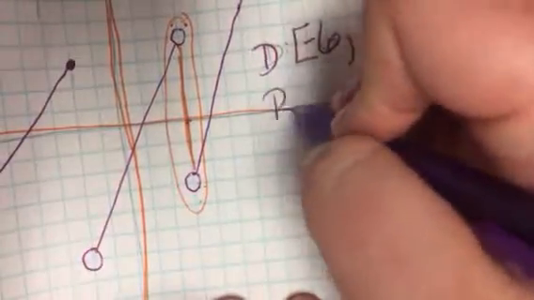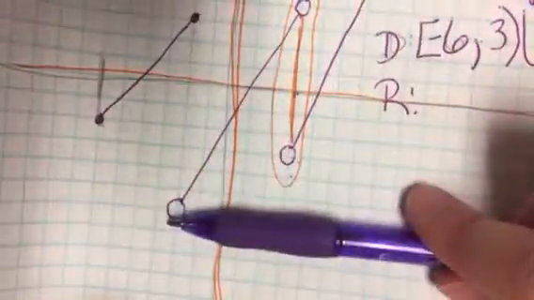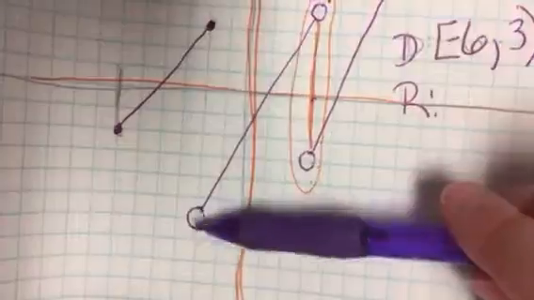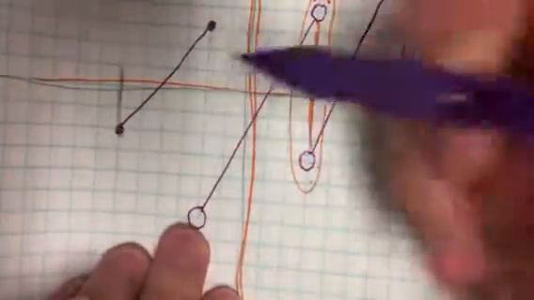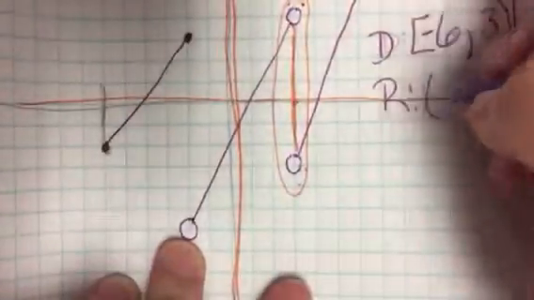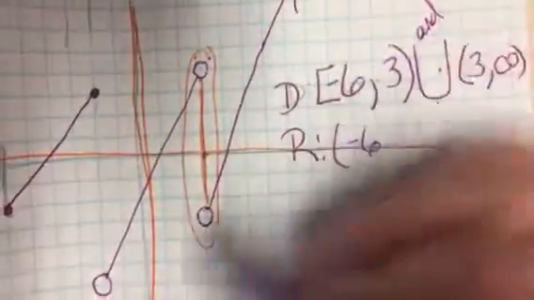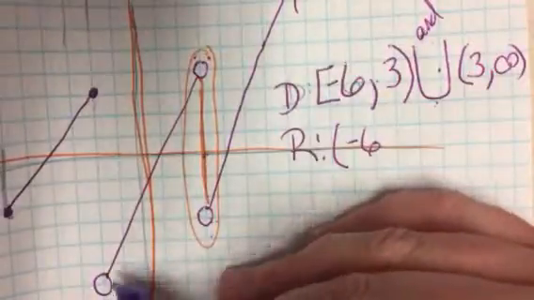Now we do our range for this function. Again, you're looking at your lowest value. In this case, this is our lowest y value, which is at 1, 2, 3, 4, 5, 6, or -6. And you'll notice I put the rounded parentheses there because the -6 is not included.